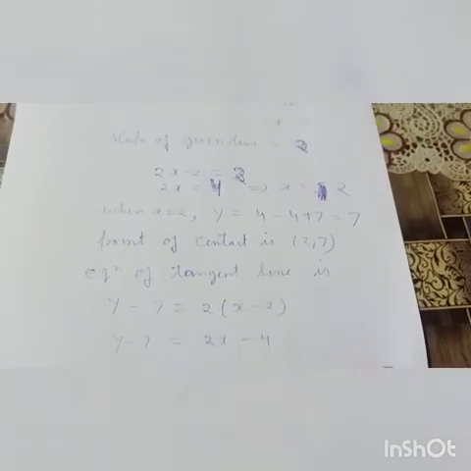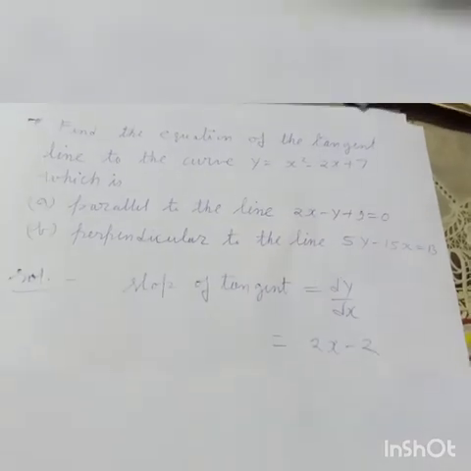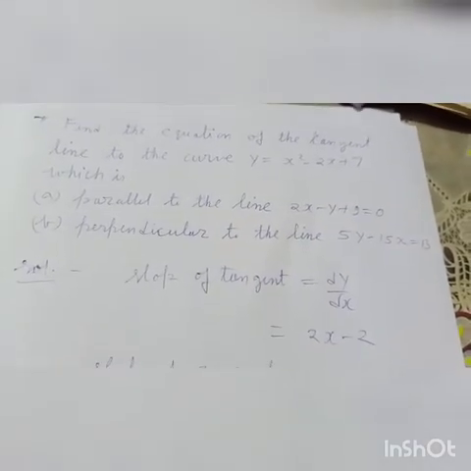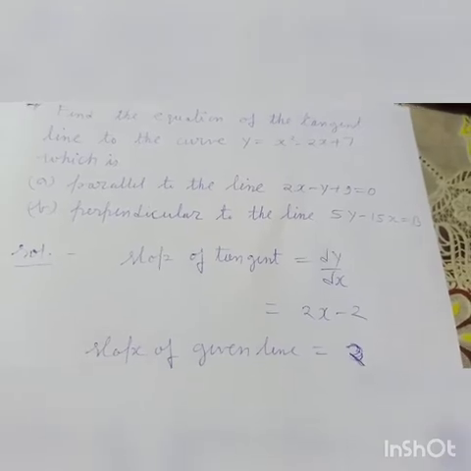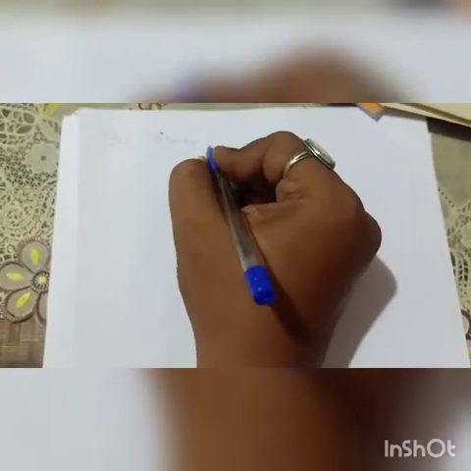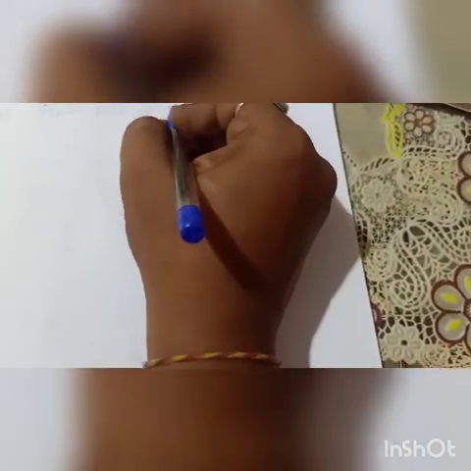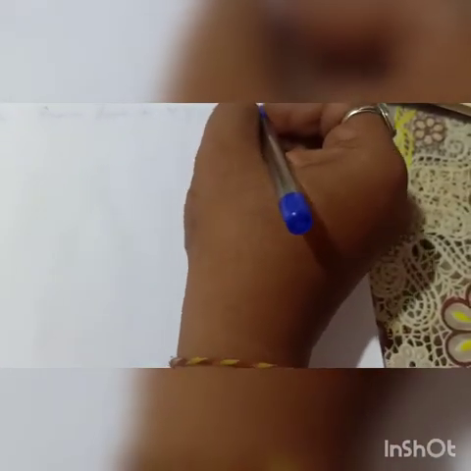Now for the next part, part B. Here the tangent is perpendicular to the line 5y minus 15x equal to 13. So now we focus on part B. For part B, the given line is 5y minus 15x equal to 13.